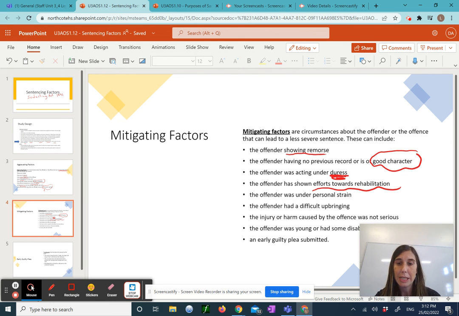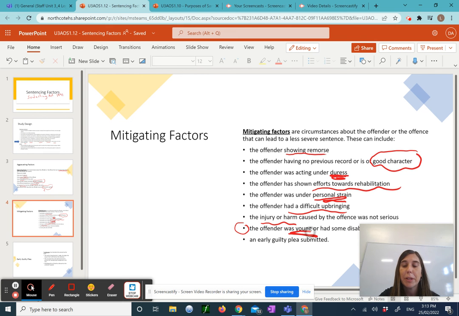Are you honest? Whether or not you're on some sort of personal strain. Okay, so for example, you've stolen something because you can't actually afford to eat. Or whether or not your background has been particularly difficult. Okay, whether or not there was not really that much harm. Have you just graffitied on the side of a railway and it hasn't really harmed anyone? A factor that might help your mitigation is whether you're young.